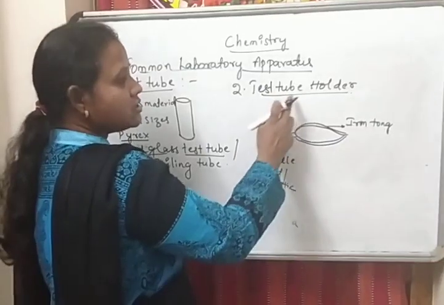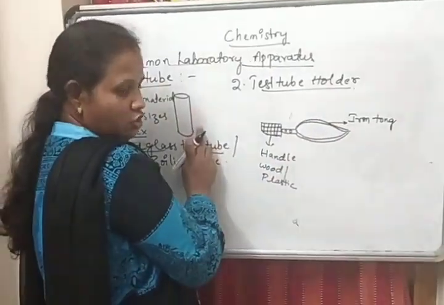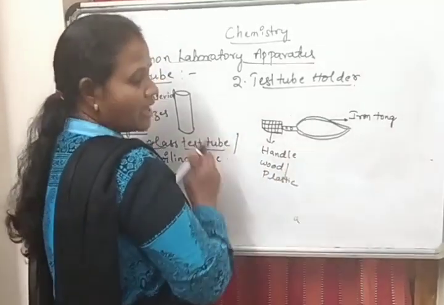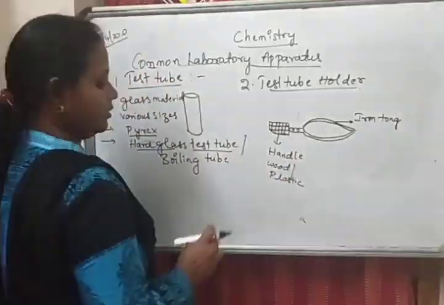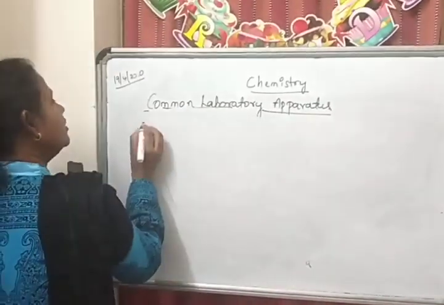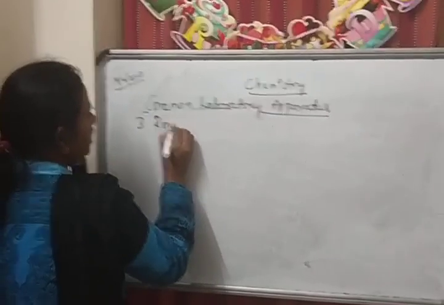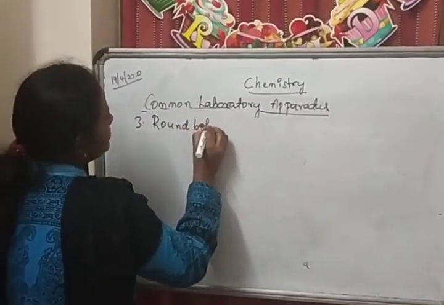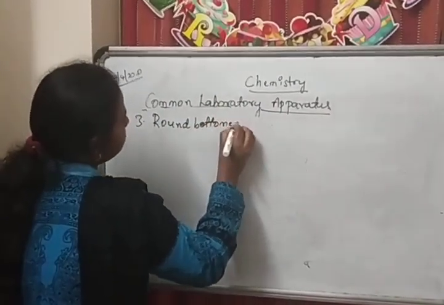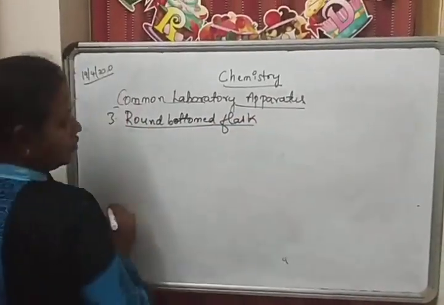So, a test tube holder is used to hold the test tube during the chemical reaction. Now, the third laboratory apparatus is the round bottom flask.